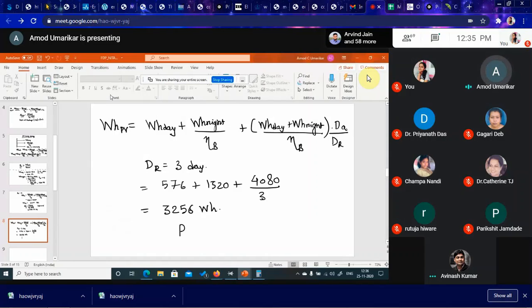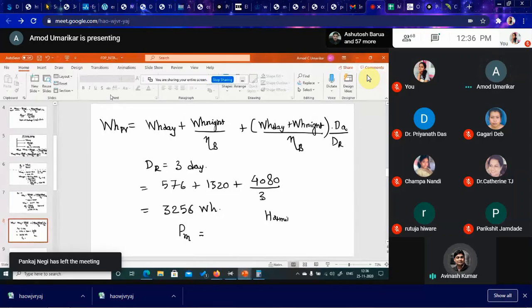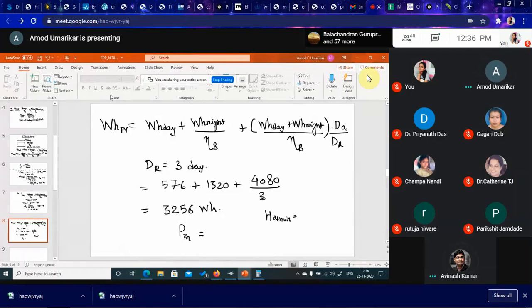What will be the solar PV size? We have to divide by H at min, about 4.5 kilowatt hour.